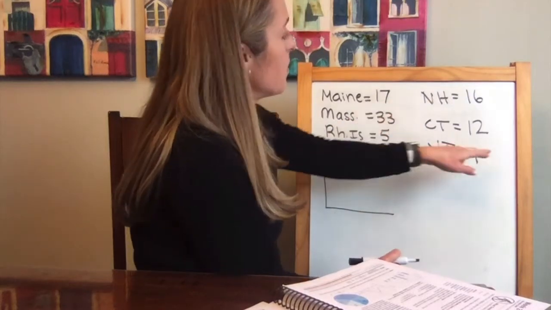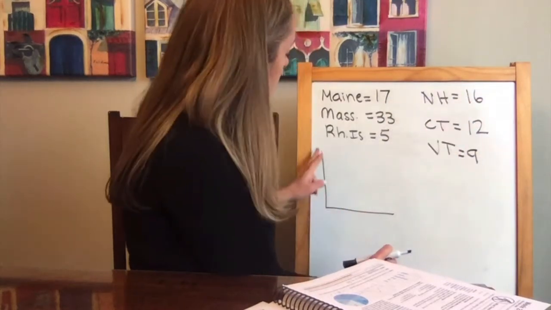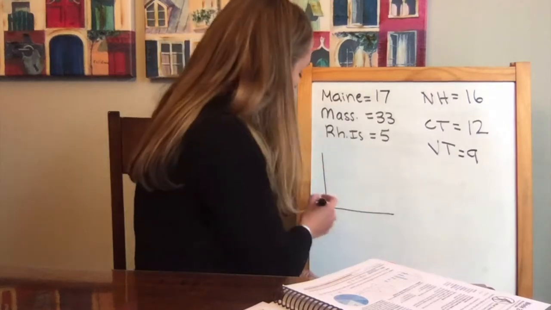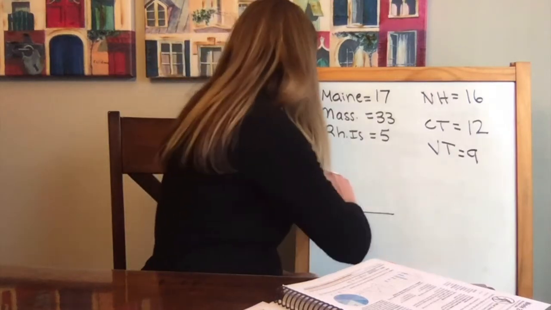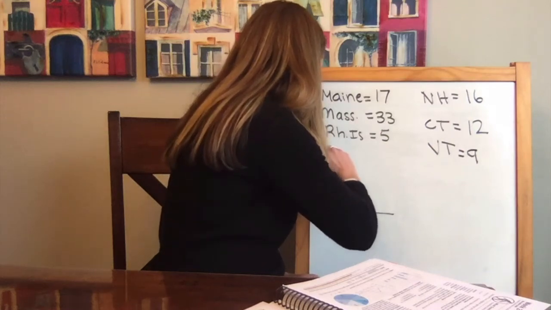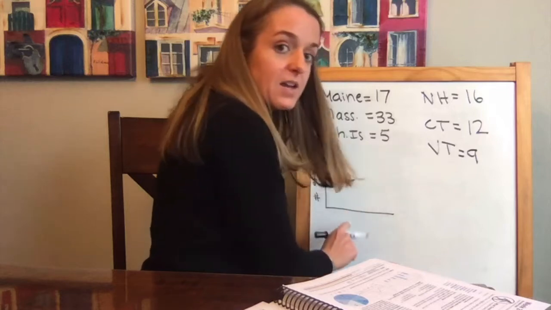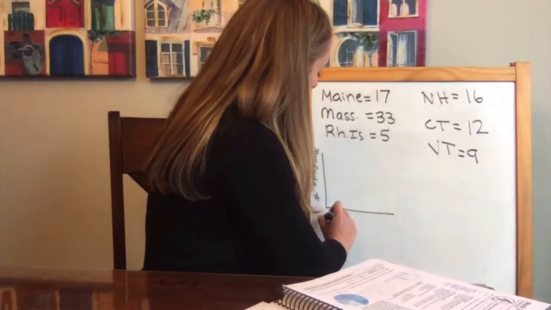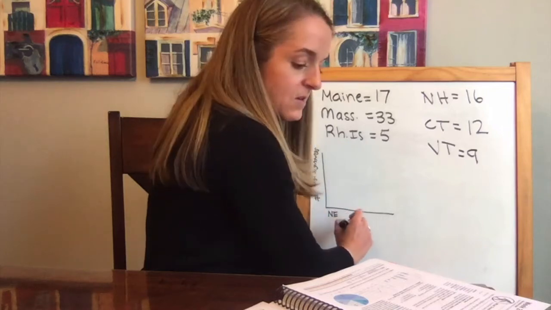These are our data points that we're going to be making bars for, so the number of sightings is what's going to go up the side. So we're going to write number of sightings going up the side, and then down here on the bottom are the names of the states, or the abbreviations of the states.